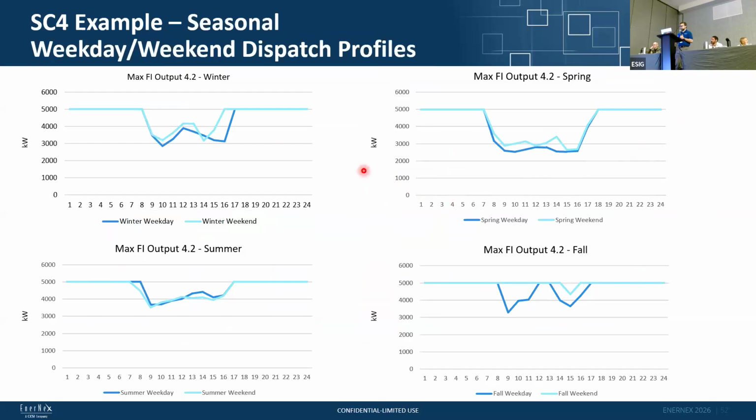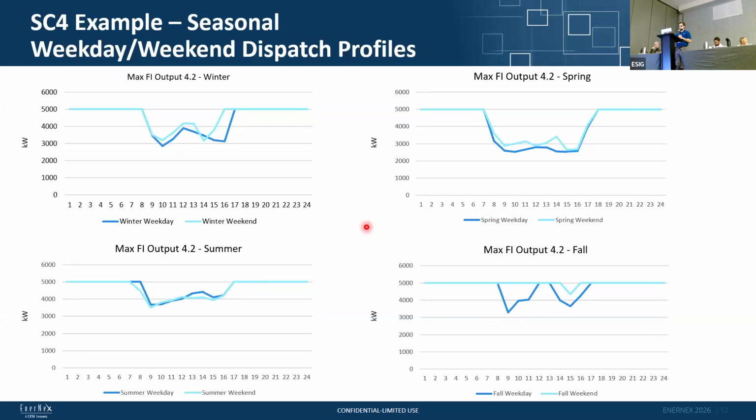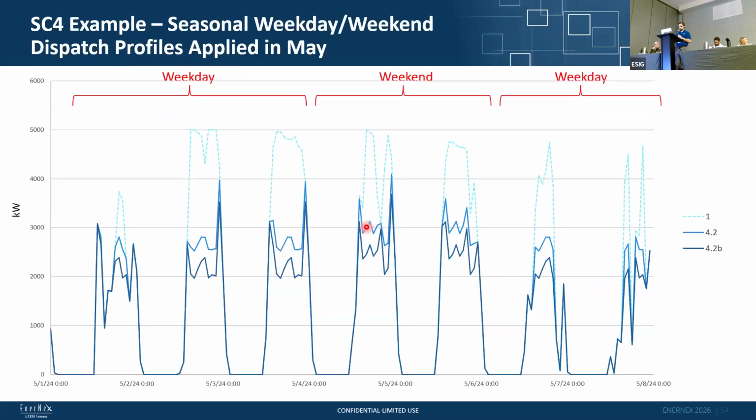How does it look for seasons? You have some more illustrations here showing the output of the plant, and the possible output for the plant during different seasons, and then weekday or weekend. You can see similar in action. During the day when the PV is producing, you get these limits being applied so that the violations don't happen. That was for 4.2 and then 4.2b.